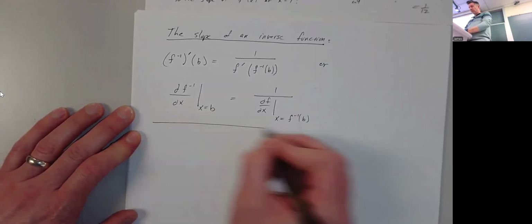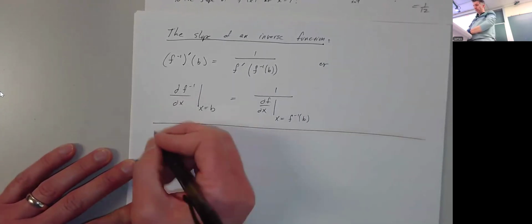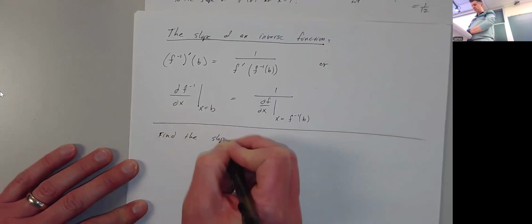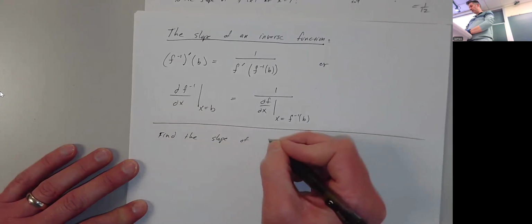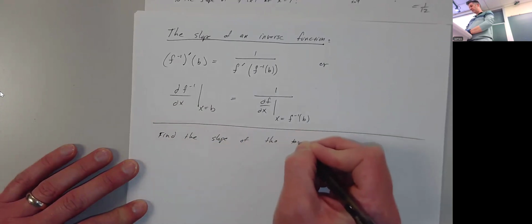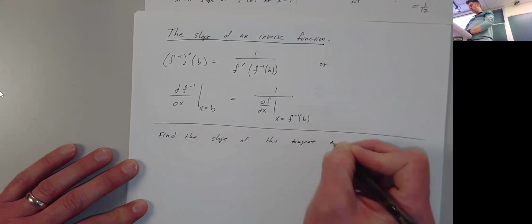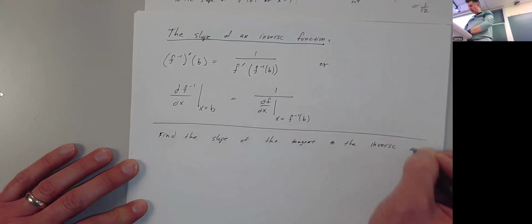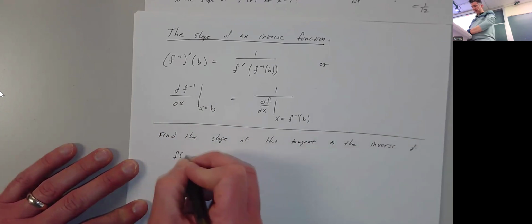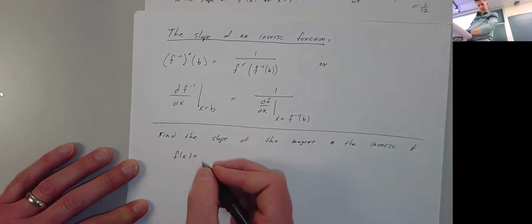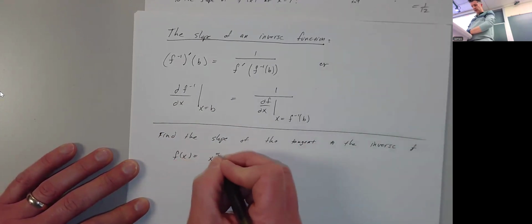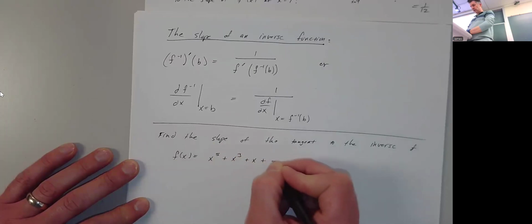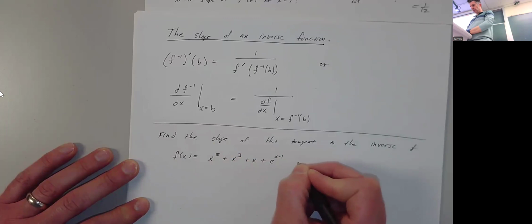Well, kind of annoying ones, but here's one example. We want to find the slope of the tangent to the inverse of f of x equal to x to the fifth plus x cubed plus x plus e to the x minus 1 at the point.